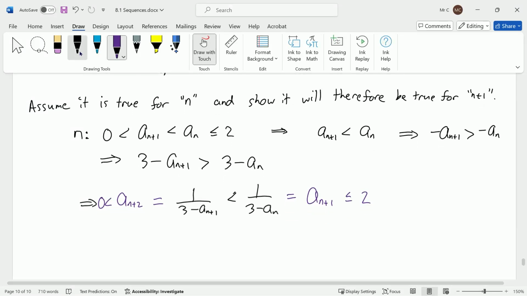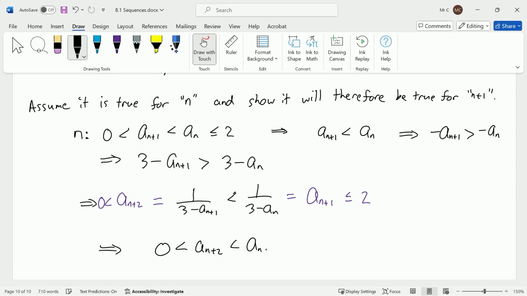And so we showed that a sub n plus 2 is less than a sub n plus 1, less than or equal to 2. So in other words, we used the fact that we had a sub n plus 1 less than a sub n to show that a sub n plus 2 was less than a sub n plus 1. Equivalently, we're saying, hey, a2 is less than a1, and we're using that to show a3 is less than a2.